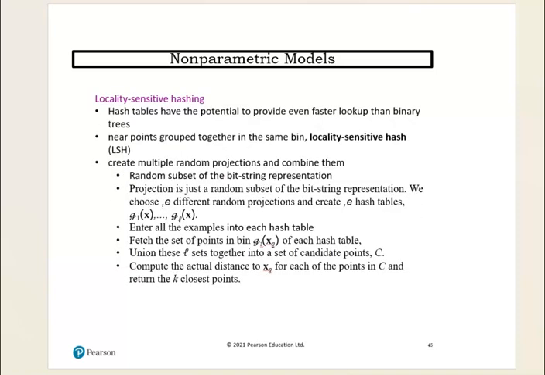So the first modification we want to use is what we call locality sensitive hashing. So hash tables have the potential to provide a fast lookup throughout a high dimensional table. But how can we find nearest neighbors using a hash table?